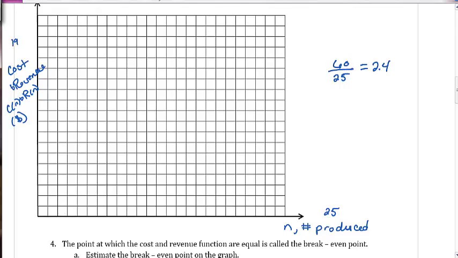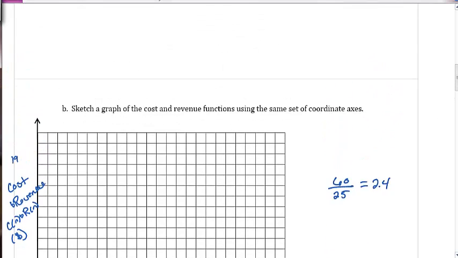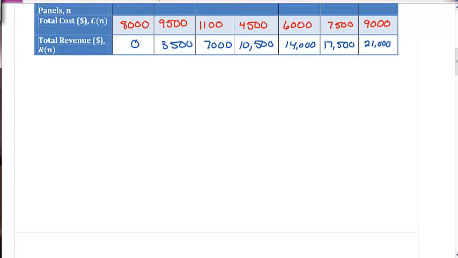So if we let each of these be 3, that would be big enough, but then we would be marking every ninth, and that would be weird. So we'll do every third. It just spreads it out a little bit better. So if we did every fourth, we would run off our graph a little bit.